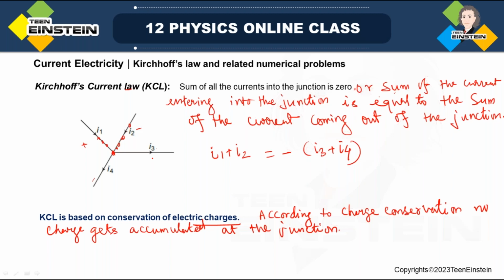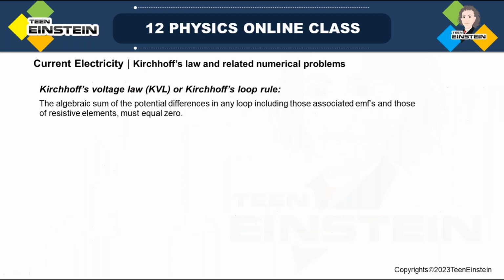Now we'll go to the next law, Kirchhoff's voltage law. This is very important, you need to learn it. Kirchhoff's voltage law is also called the loop rule. It says that the algebraic sum of the potential differences in any loop, including those associated with EMFs and resistive elements, must be zero.